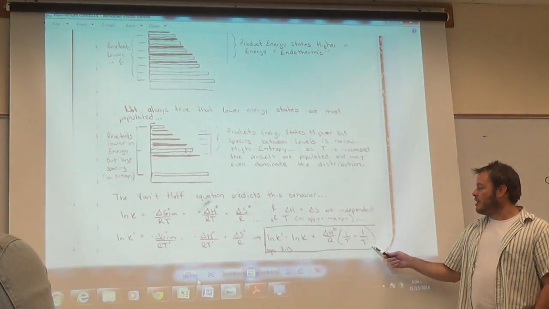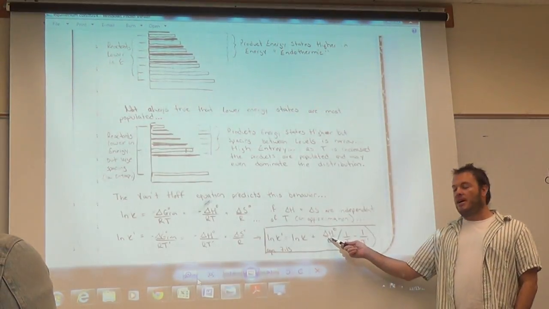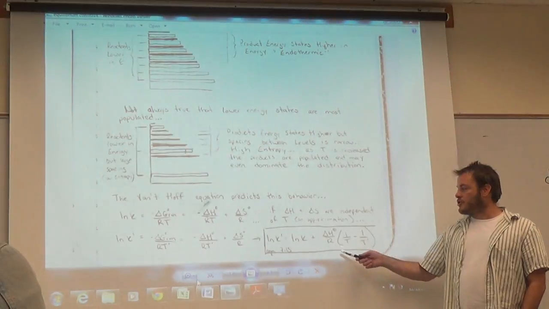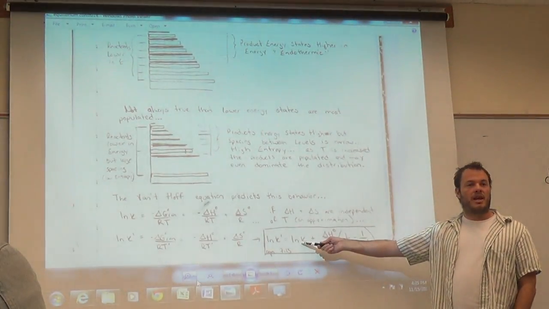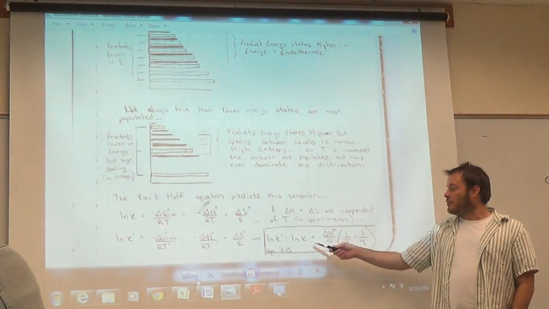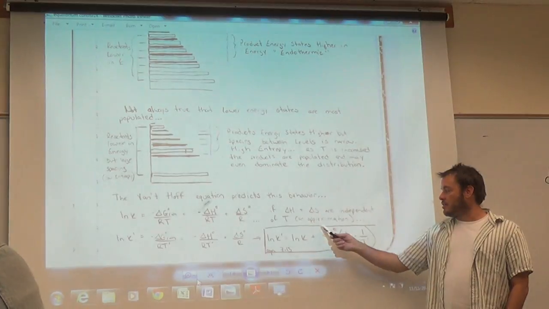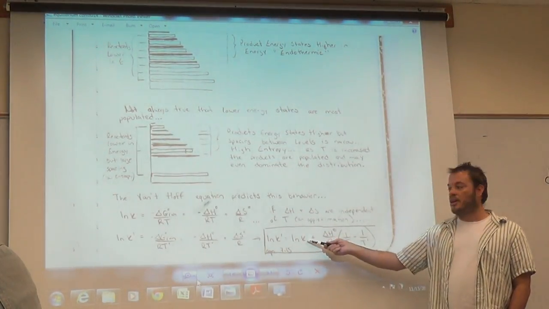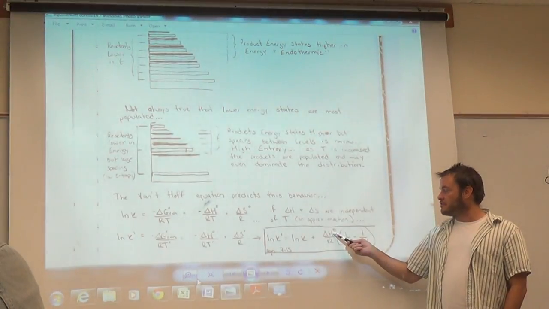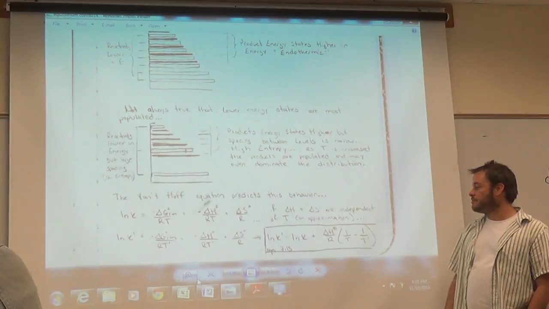So if we have a positive value here, then the sign of delta H of the reaction determines whether or not K prime is going to be greater or smaller than K, right? If this is negative, then K prime will be smaller than K. If delta H is positive for that reaction, then K prime is going to be larger than K.